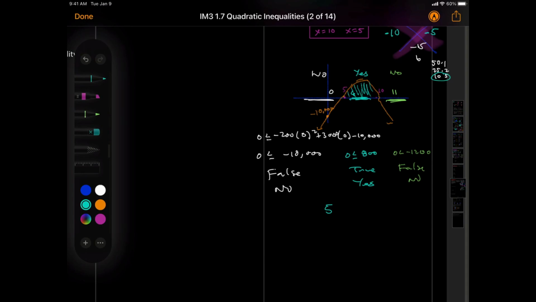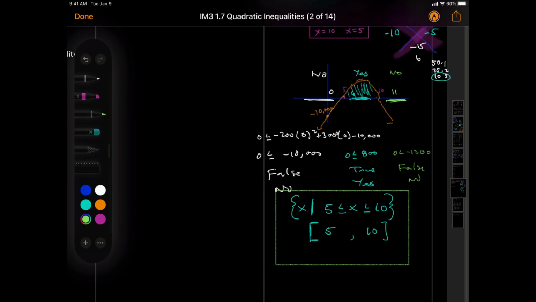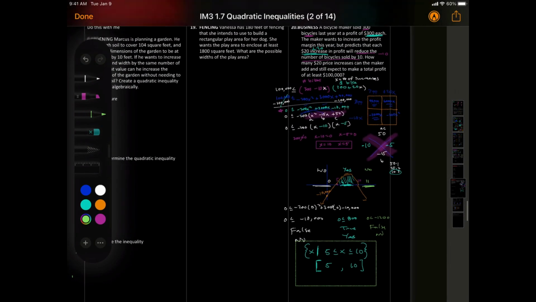My values have to be greater than or equal to 5 and less than or equal to 10. This is my inequality. If you want to make it set builder notation, you put it within there. Or if you want to do that in intervals, you would just do 5, 10. And let's box this as our answer. And that was question number 20.